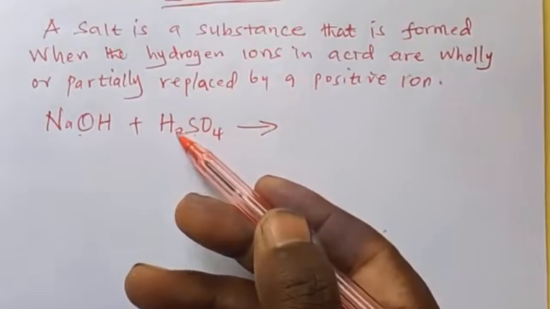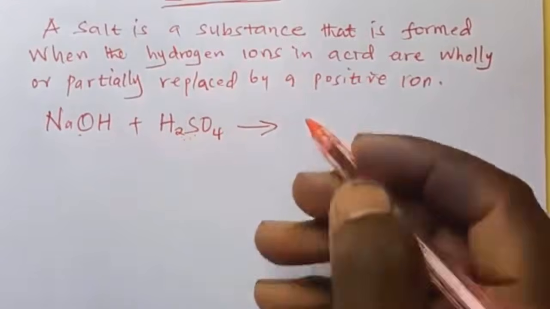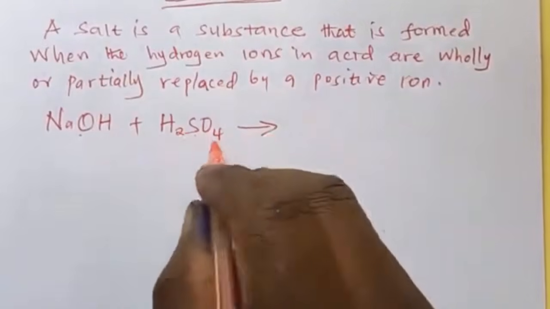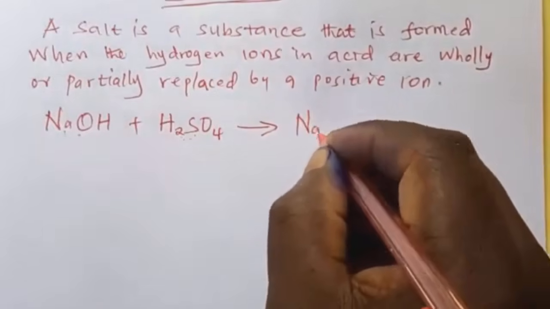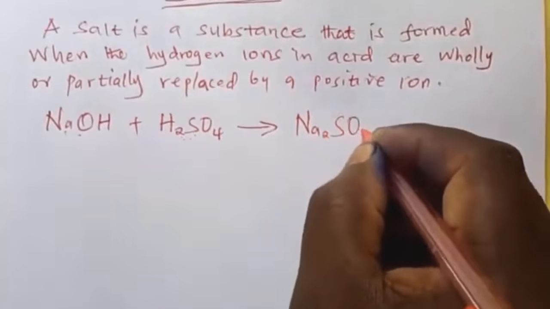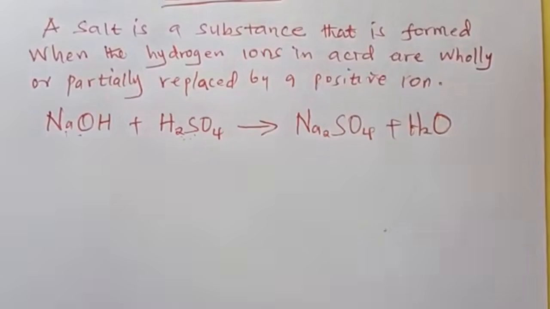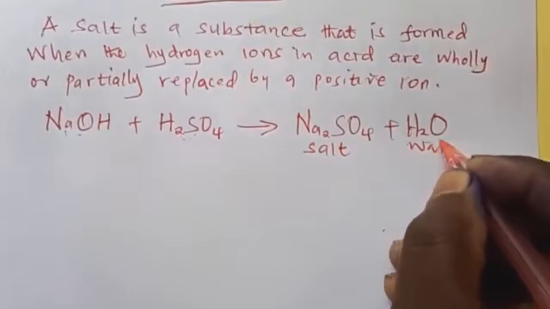What do we get? We get a salt plus water, neutral substances. So which salt do you expect here? It is sodium sulfate, plus water. This is a salt, and this is water.